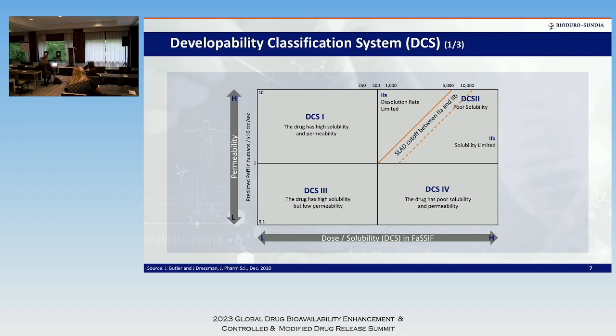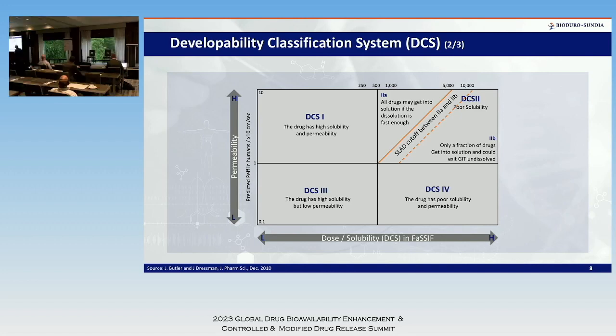For those systems, they further analyzed the drugs and showed that if the saturation solubility is an issue, then only a fraction of drug is going to be dissolved, and nothing is going to be absorbed. It is going to pass through the GI tract.